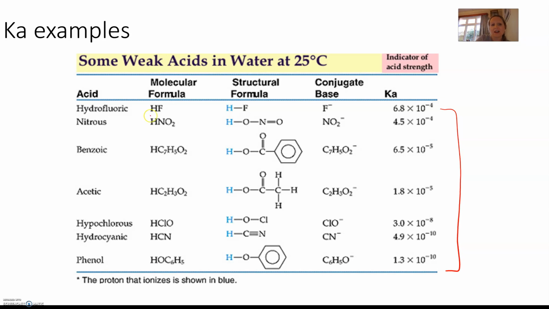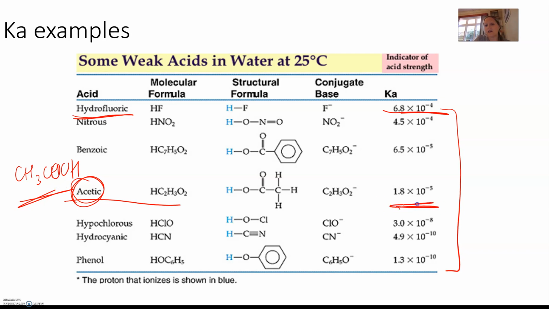And what you'll see here is hydrofluoric acid is a stronger weak acid than acetic acid. Acetic acid is the old-fashioned name for ethanoic acid, by the way. I don't use acetic acid, I use ethanoic acid, but it's the same thing.